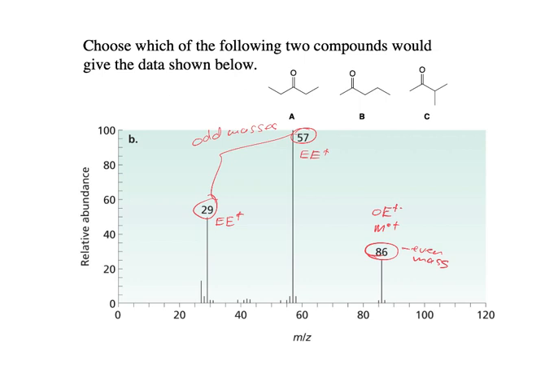Another way that we could discern whether this makes sense, that this is the molecular ion and these are fragment ions, is to look at the losses and see if they come out to be reasonable losses. So if we go from 86 to 57, that's a loss of 29. And that could be a loss of an ethyl group.